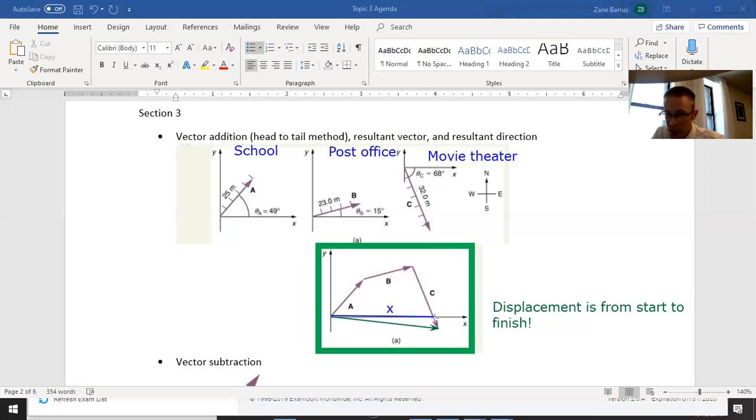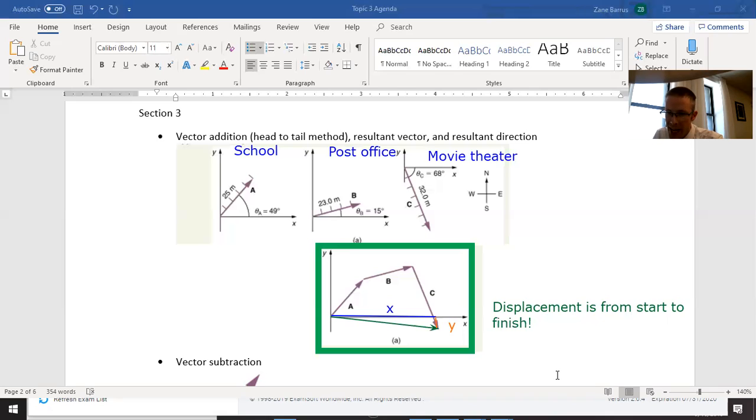Okay, this would be my Y component right here. Kind of tough to see, but you can see that little orange line I just drew. That's my Y component. Okay, so that's basically adding vectors. You do it from head to tail. Your straight as the crow flies line that you draw is your total displacement from start to finish.